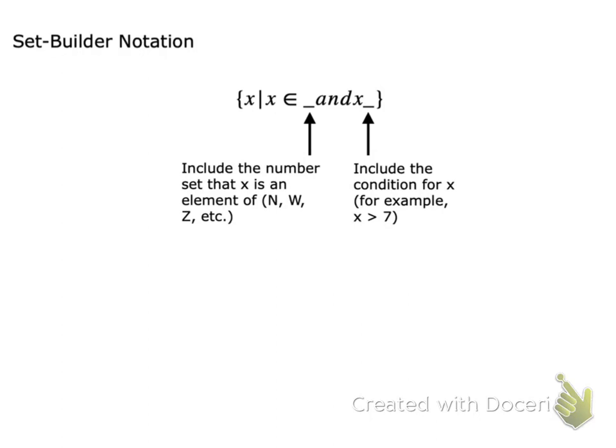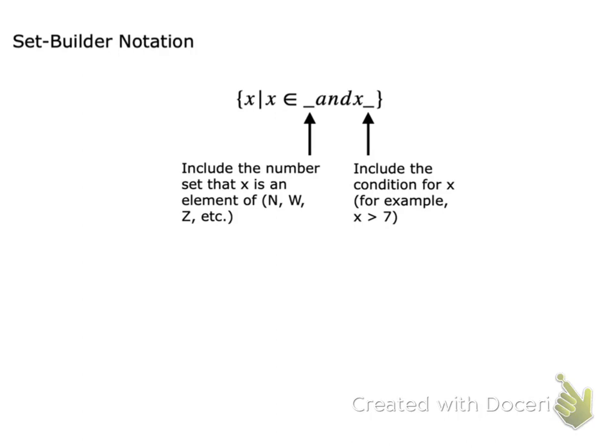So now we're going to look at set builder notation. This is a slightly different way to write a set. It gives us multiple conditions that have to be true, but it allows us to include a lot more elements. So we still are using our braces.